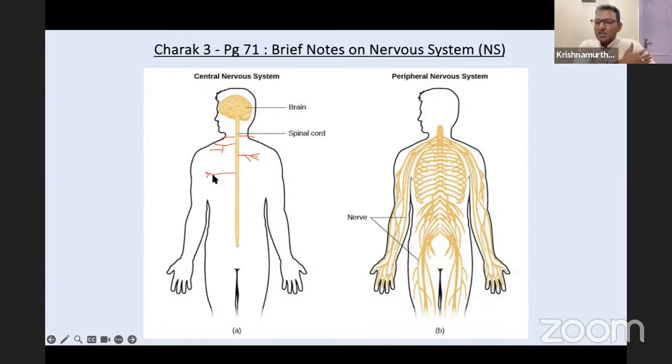The periphery is the outer surface of the body. Perimeter, you would have heard these nomenclatures, right? Periphery, perimeter, all of these. Whenever it is moving towards the periphery, it is called the peripheral nervous system. All these which are going to the hands, legs, and different organs are called the peripheral nervous system.